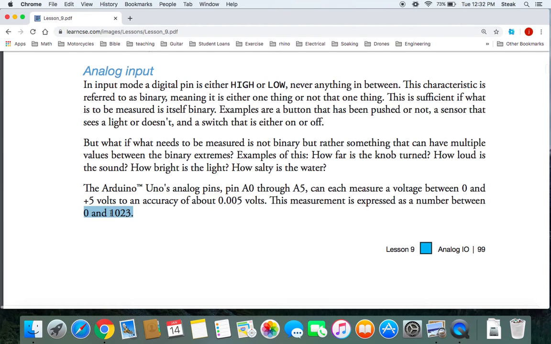Well, this tells you right here. It can measure to this many thousandths of a volt, and so those numbers come out to about 0 to 1023. That's how many increments you have between 0 and 5 volts. So that's the only really important number in this paragraph, 0 to 1023. That's what the Arduino naturally can do.